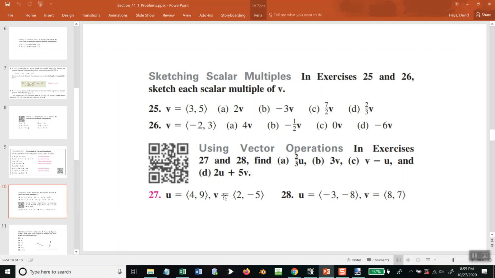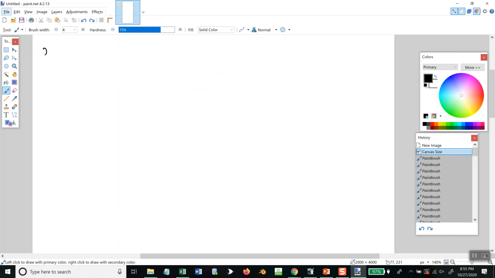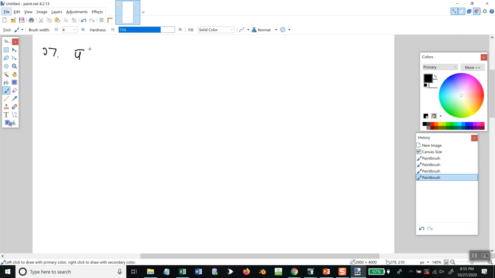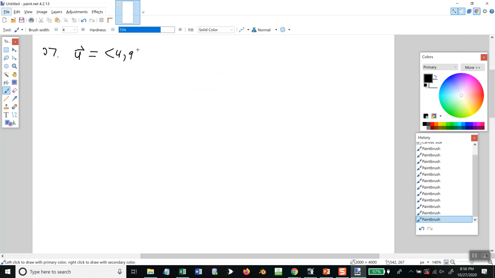Let's take a look at number 27. U is equal to 4, 9, and V is going to equal 2, negative 5. I'm going to use i's and j's because I think they're easier. 2i minus 5j.